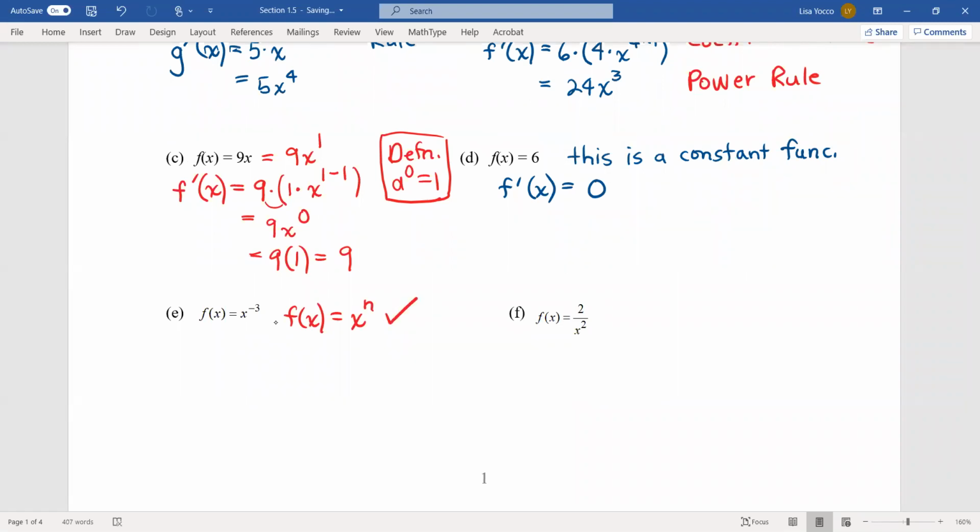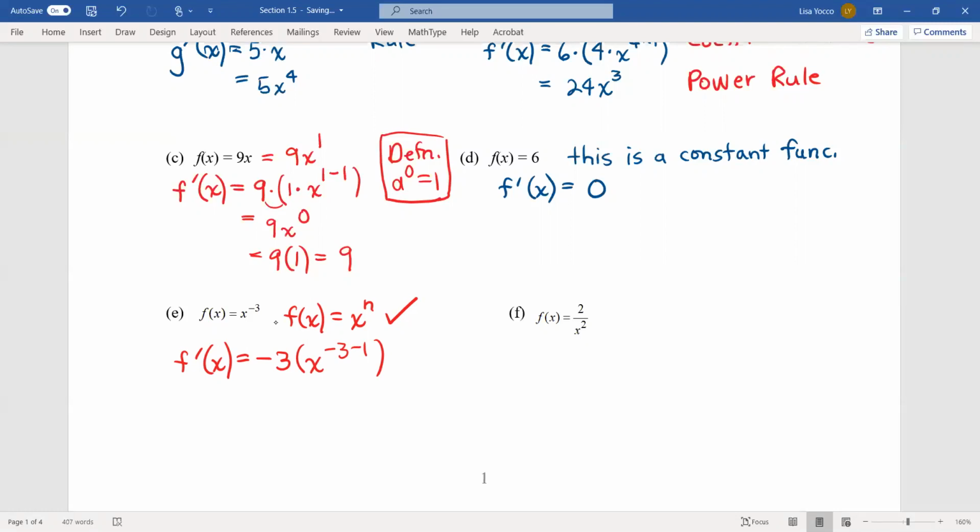Now, if you look over at part F, that one is not. So we'll look at that one in a minute. So for part E, we just use the rule the way it stands. We take the power, which is -3, multiplied by x raised to the power -1. You're always subtracting 1 from the power.